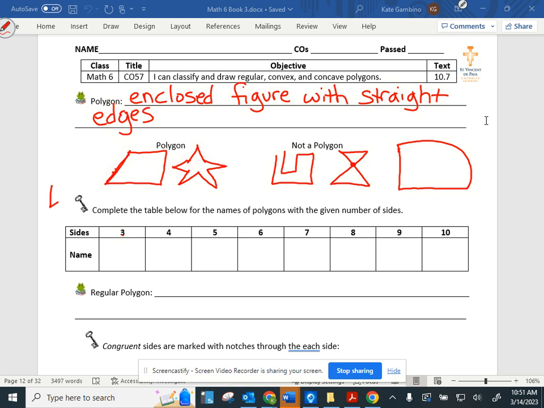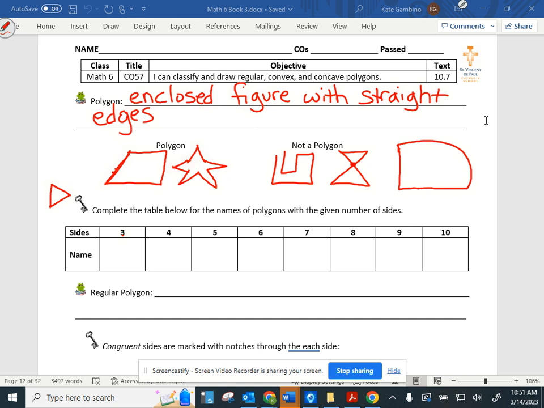So if I only have 2 sides, it's not closed. A polygon has to have at least 3 sides, otherwise it's not going to be closed up. There's no way you can close up your shape with only 2 sides. We have to have at least 3 to close it up. So that's why our polygon names start with the 3.